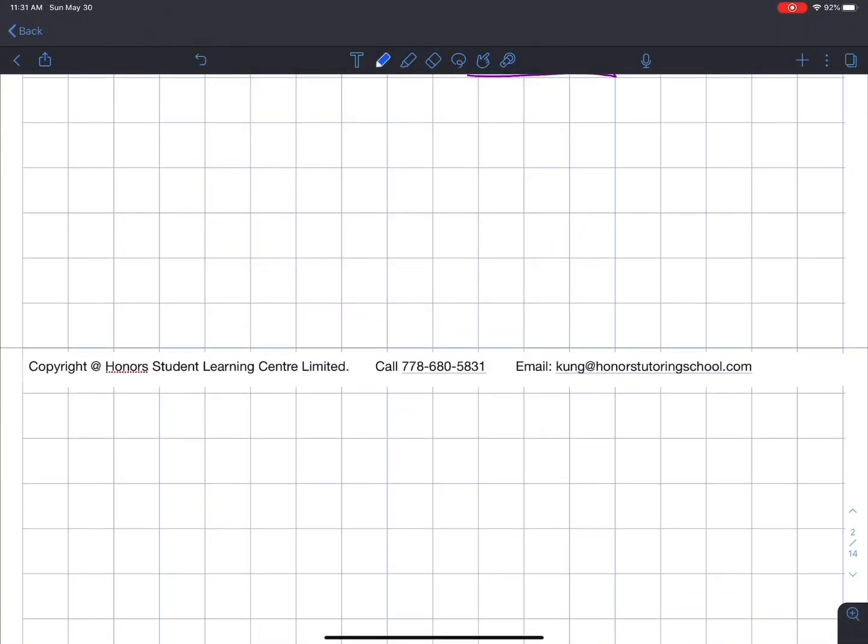Question 4. The hypotenuse of a right triangle is 17 and one leg is 15. Find the area of the triangle. So I need to find h, the height of the triangle. So I can say h squared plus 15 squared equals 17 squared. h squared equals 17 squared minus 15 squared. h squared equals 64.